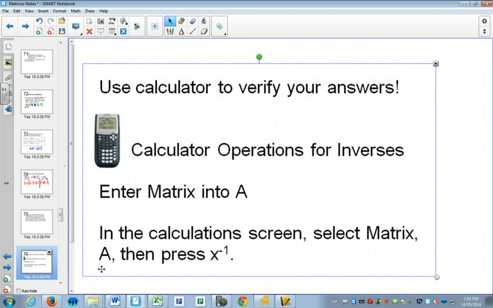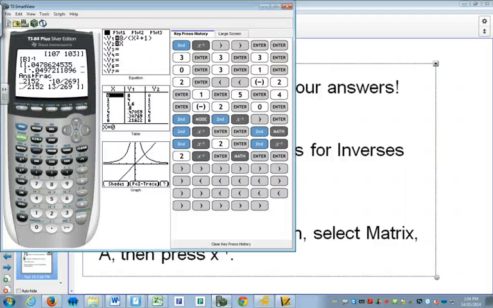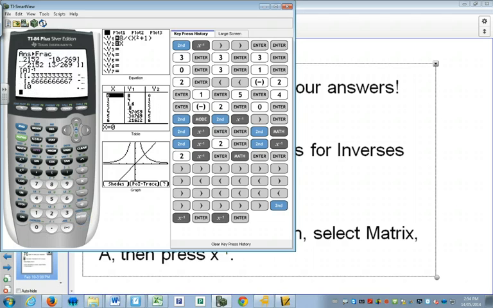Now, I will not be asking you to do the inverses of 3 by 3s by hand. So when you want to find the inverse of a 3 by 3, there's the inverse of the 3 by 3 that we had written in earlier.